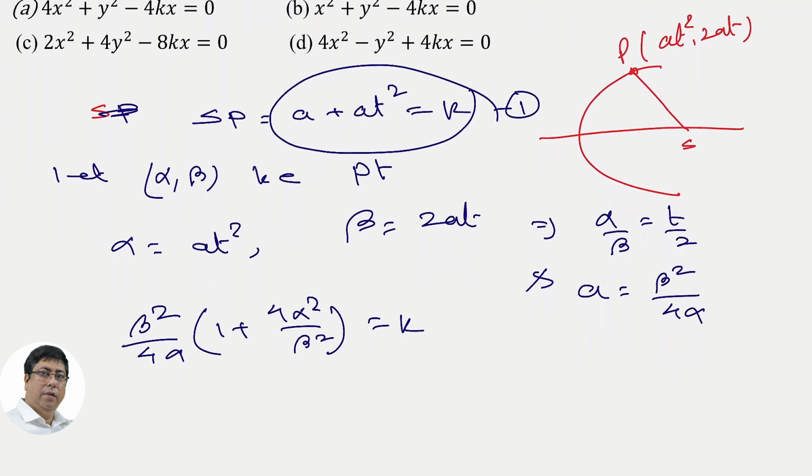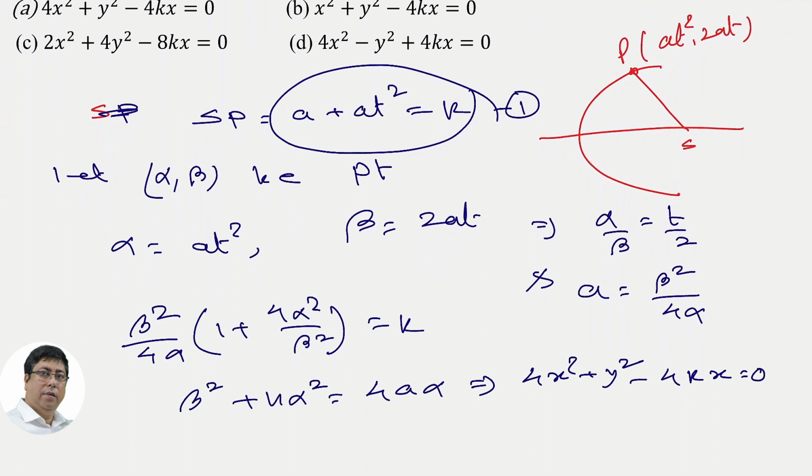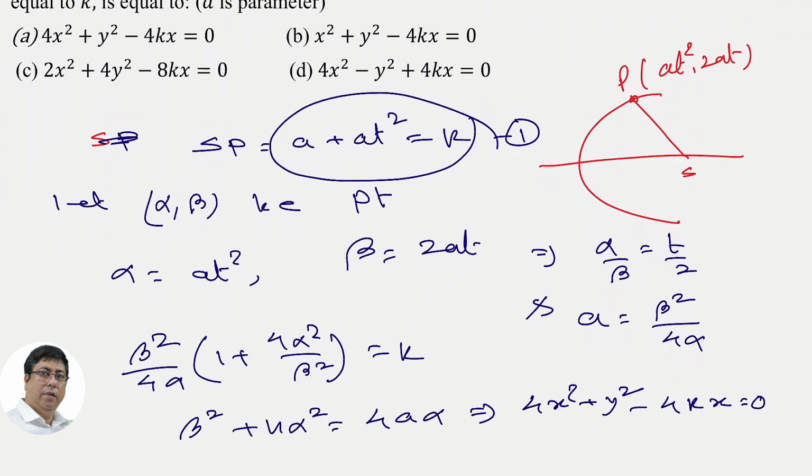K. And if we cross multiply, we are getting beta square plus 4 alpha square equal to 4k alpha. So final answer, instead of alpha and beta, put the value xy, 4x square plus y square minus 4kx equal to 0. Therefore here the option number is A. First option is the right option.